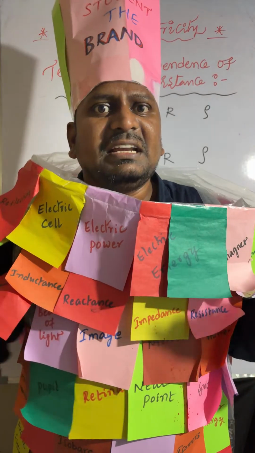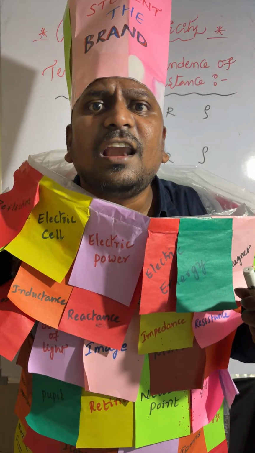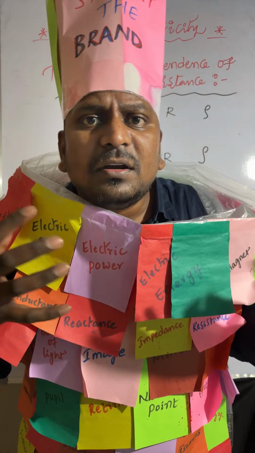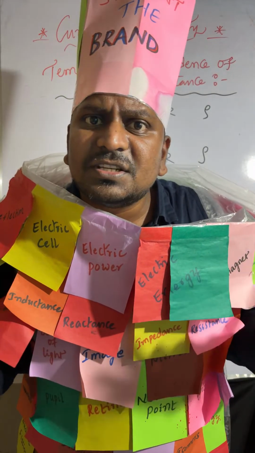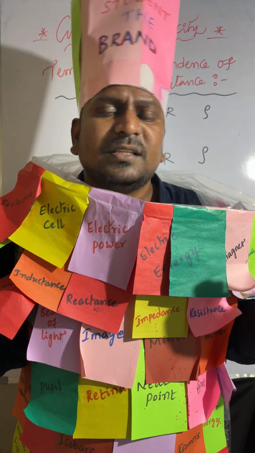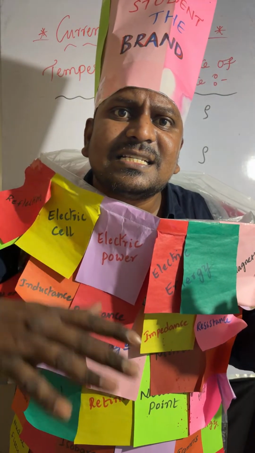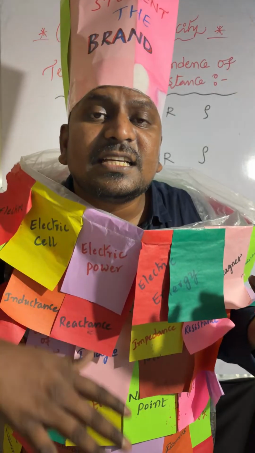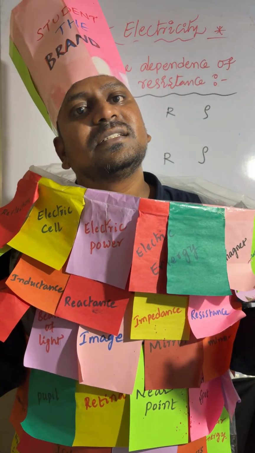With greater amplitude, what happens? One electron will hit another electron. Collisions take place; electrons keep on bombarding each other. Then resistance and resistivity increase, and conductivity decreases.